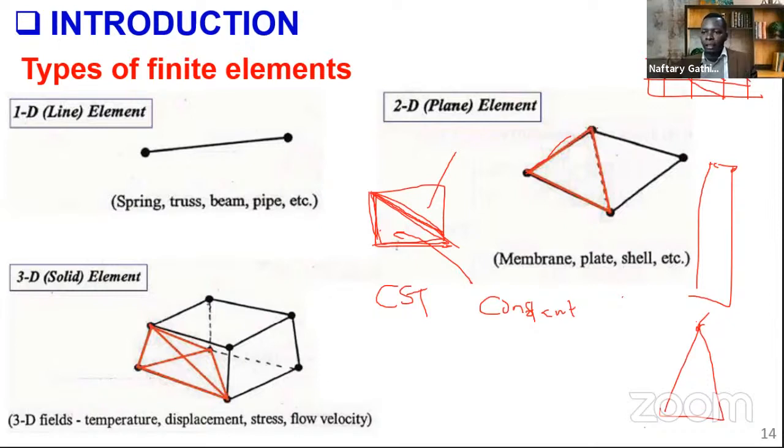Then, of course, you just need to define the geometry in the software, and it starts doing the computation for you. Let's say this is a plate that is fixed on this head. Okay, let me use a different color.